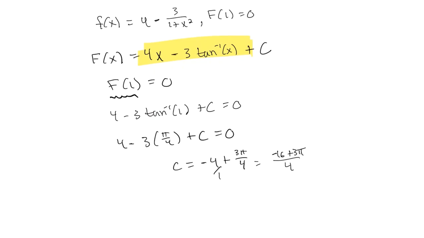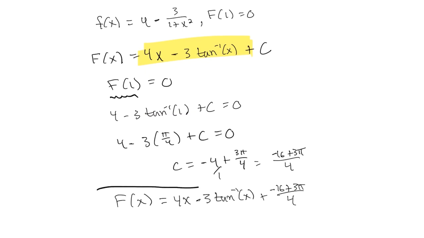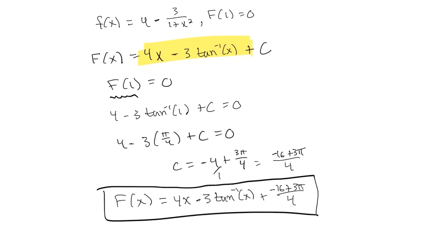So my final answer here is that my antiderivative capital F is going to be 4x minus 3 inverse tangent of x plus c, and we now have what that c value would be that meets the condition that F at 1 must equal 0. So there is my final answer.